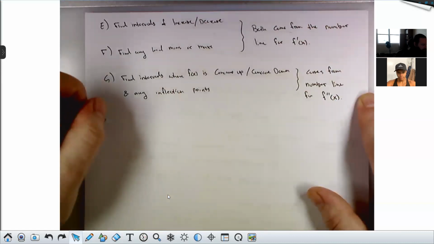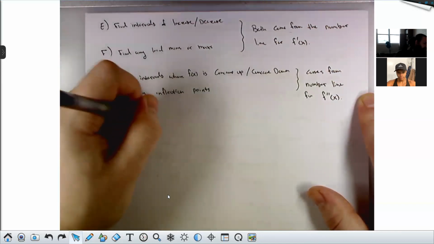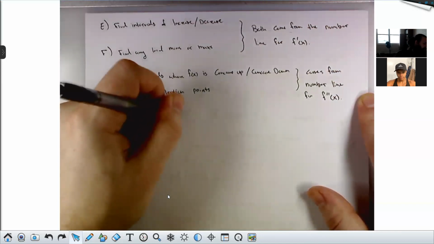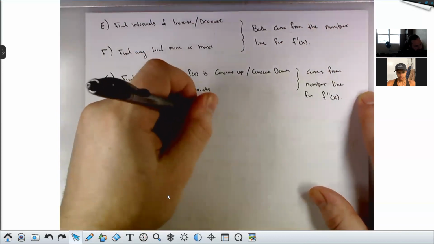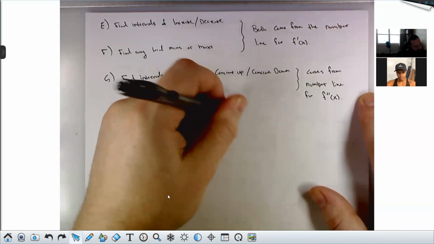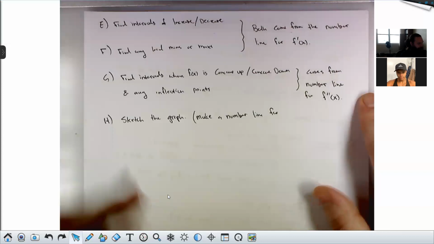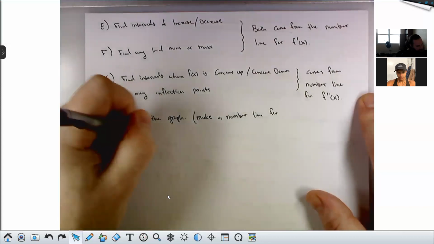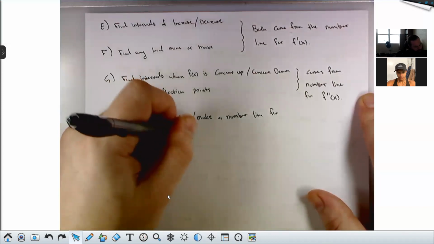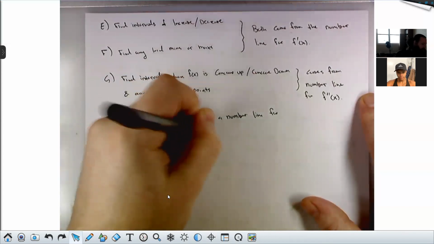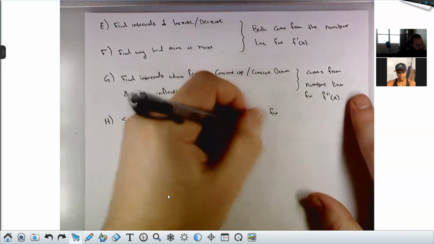And then kind of cutely, the last thing here is just sketch the graph. I would add here, make a number line for the shape of f. And maybe plot a few extra points.